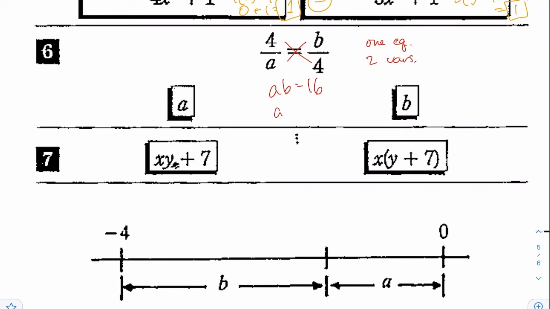You know that A is 16 over B, or B is equal to 16 over A, but you don't know what these could be. For example, you can have A equal to 1 and B equal to 16, but it could also be 16 and 1. So A could be bigger, B could also be bigger. They could also be equal if they're both equal to 4. So you can't really tell here. So the answer is going to be choice D.